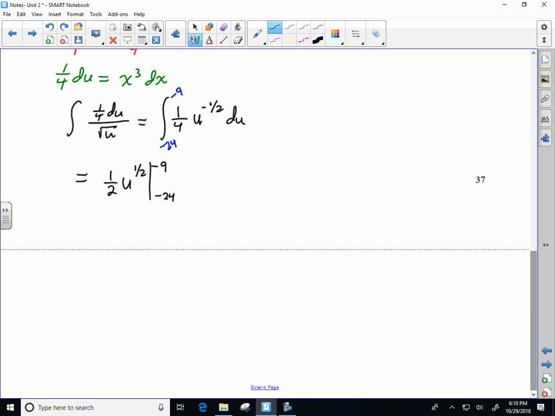All right, so looks like we're going to have radicals that involve negatives. So we'll express our answer with negatives under radicals. So it's going to be, by fundamental theorem, 1/2 times -9 to the 1/2 minus 1/2 times -24 to the 1/2.